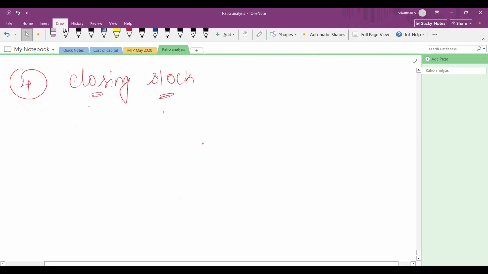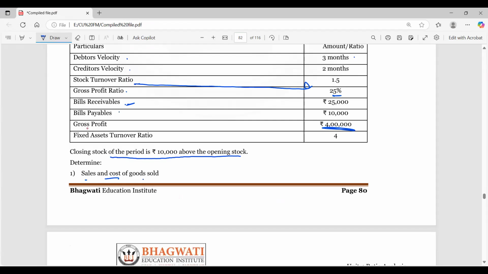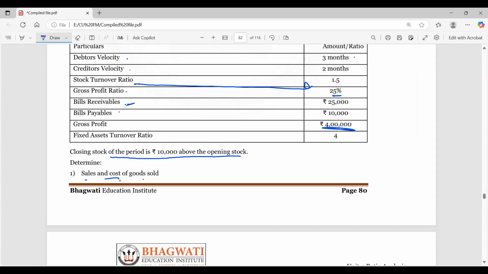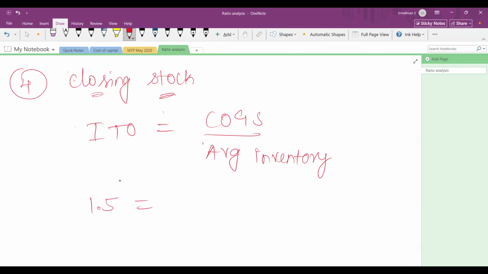This can be calculated using the stock turnover ratio. Inventory turnover ratio is equal to COGS divided by average inventory. So stock turnover of 1.5 times is equal to COGS, 12 lakhs, divided by average inventory.